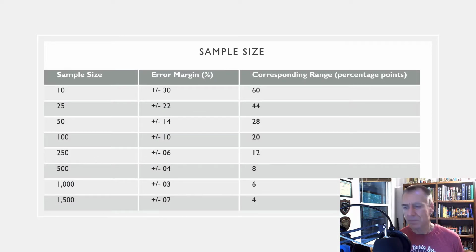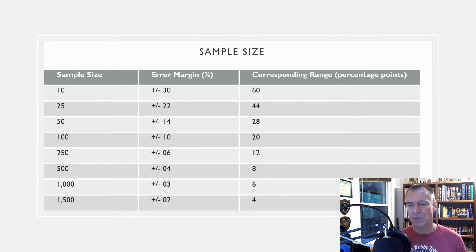So looking at this table, the objective here is not to memorize the table, but to look at it in terms of what it shows us. And what it shows us is this. The practical takeaway here is that sample size is particularly important. A small sample will have a large margin of error relative to larger samples.